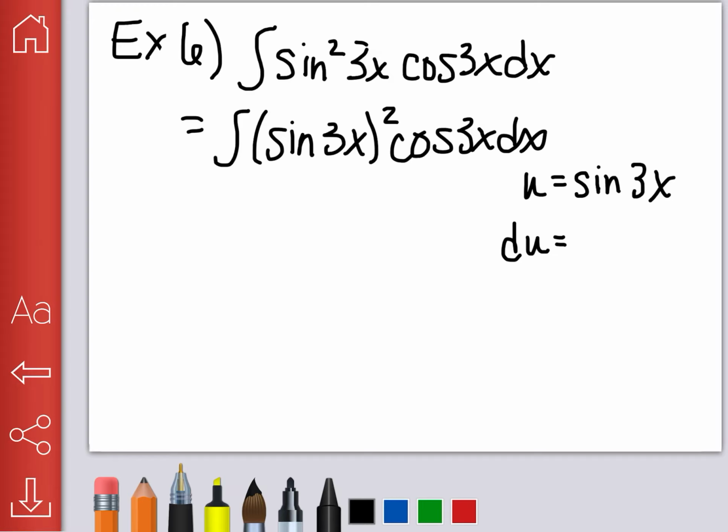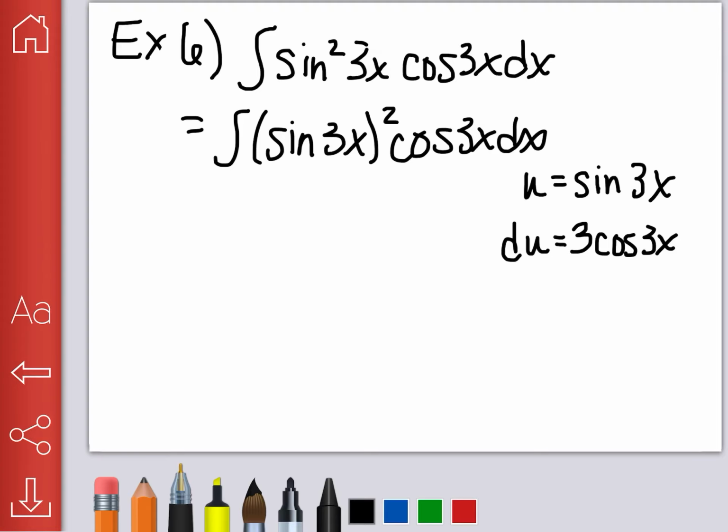So what happens when we take the derivative of that is we have cosine 3x, but then remember about the little thing called the chain rule. Because of the inside, the derivative is actually 3 cosine 3x.